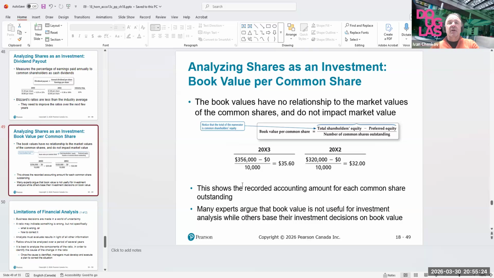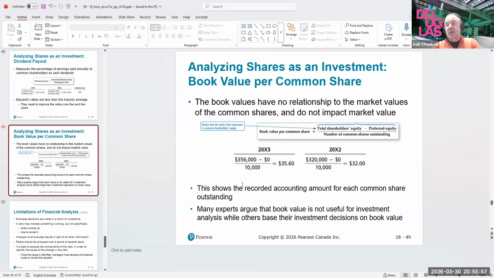The last one is the book value per common share. The book value has no relationship to the market value of the common shares, and it's not going to impact the market value. It only shows you if the shares of the company are currently undervalued or overvalued. That's the only thing it shows.